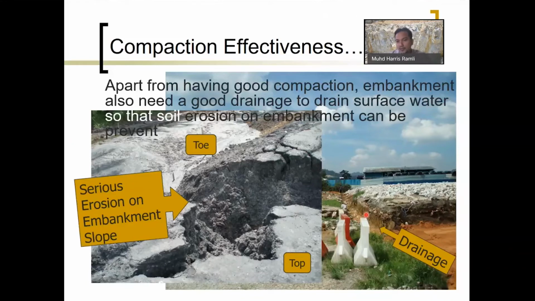Okay? When you are able to manage the surface runoff, then you can ensure throughout the whole site there will be no soil erosion or slope failure, embankment failure.